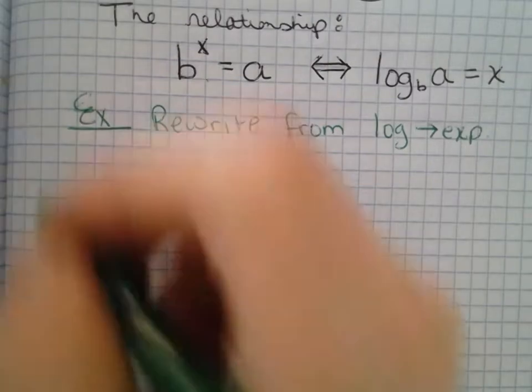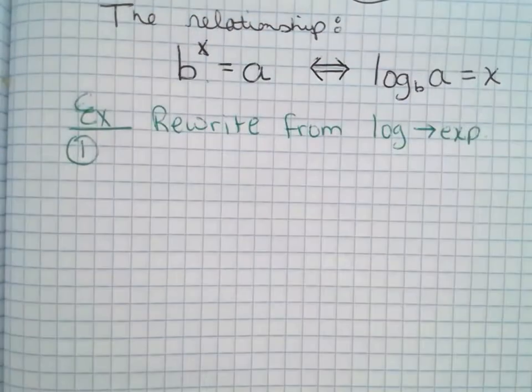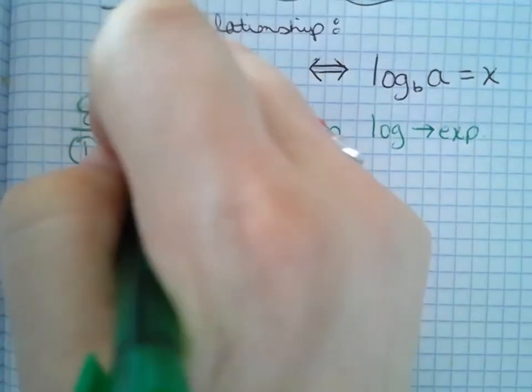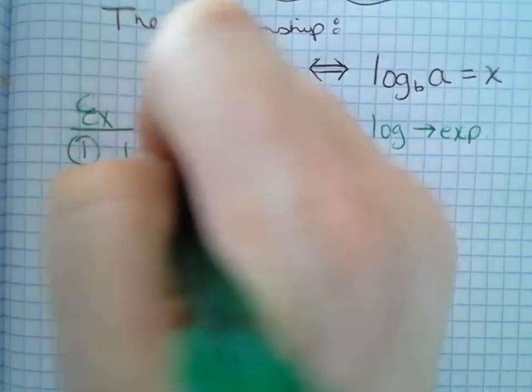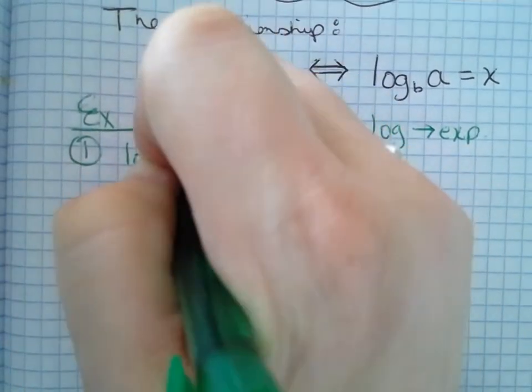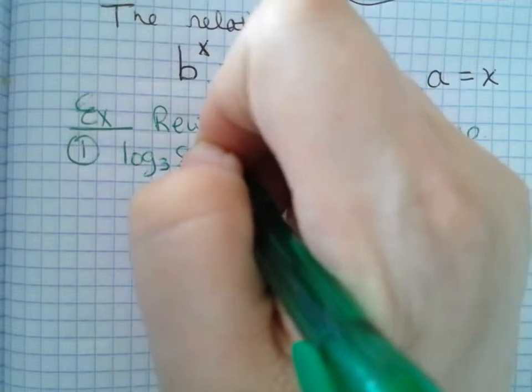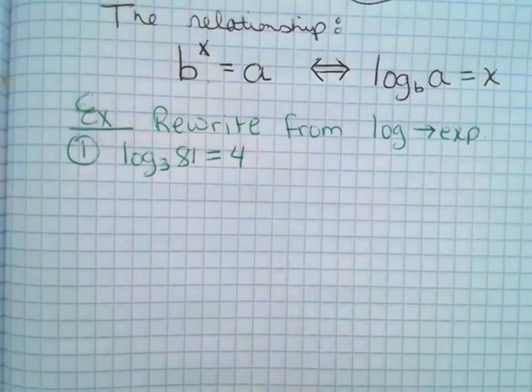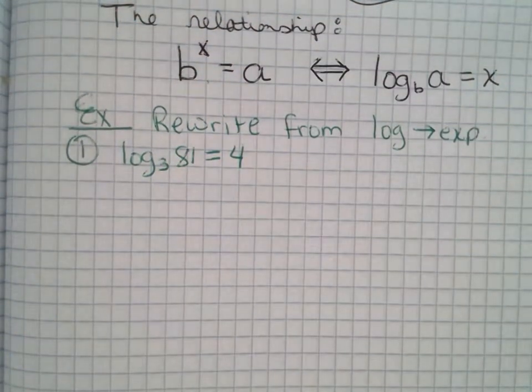So example 1. Let's say you were given log base 3 of 81 equals 4. Okay, you're given that logarithmic equation.